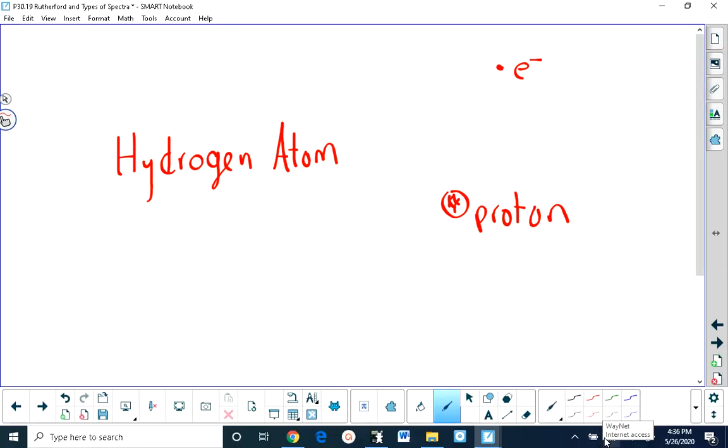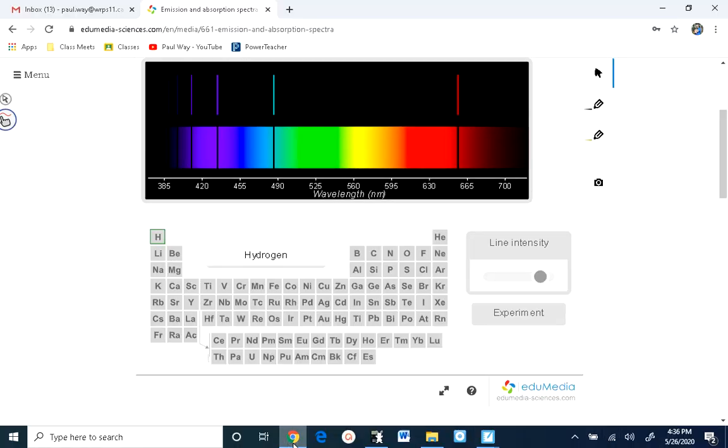Before I just finish this off, I do want to show you what you're looking at on the board here: the bright line spectrum for hydrogen. You can see 4 visible lines. So basically, everybody, hydrogen has the ability to produce very specific wavelengths of light, and hydrogen has the ability to absorb certain wavelengths of light.